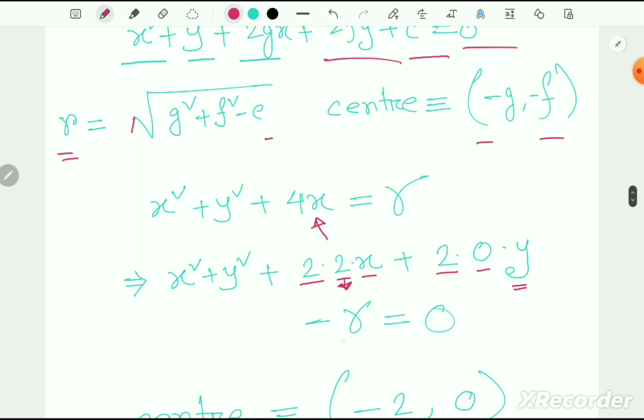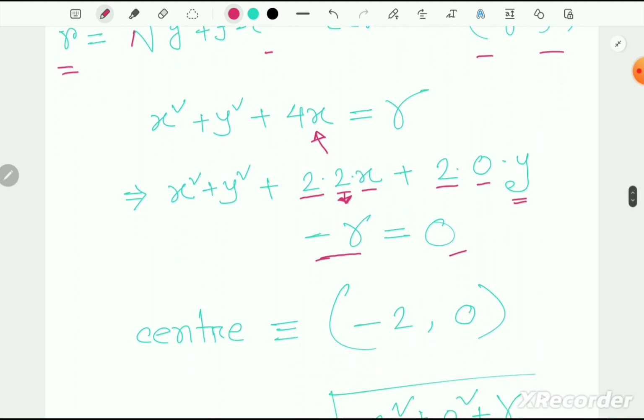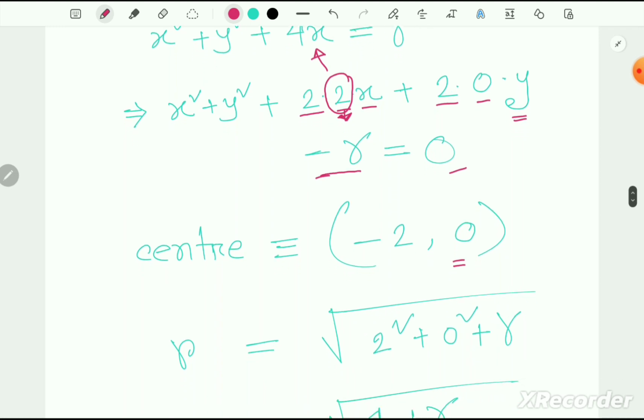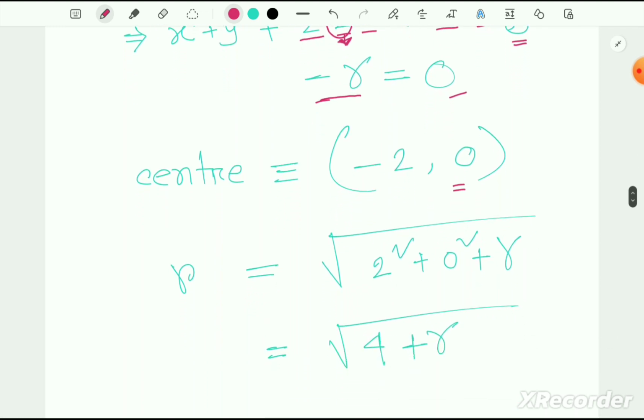And we just change the side, so negative gamma equal to 0. So it's now easy to understand the center: minus g, that means negative 2, and 0 is negative f. So negative 2 and 0 is the center.